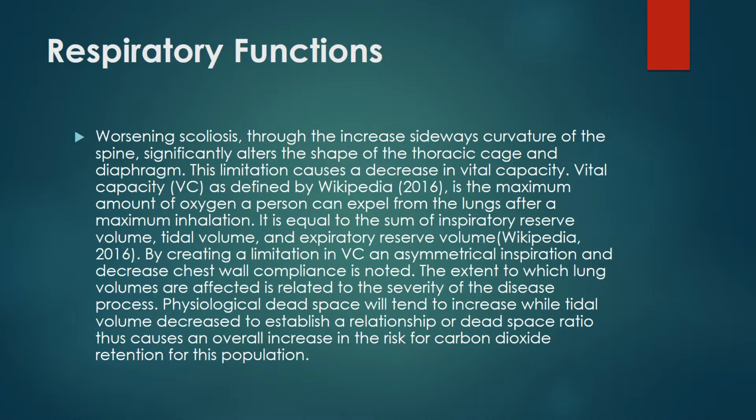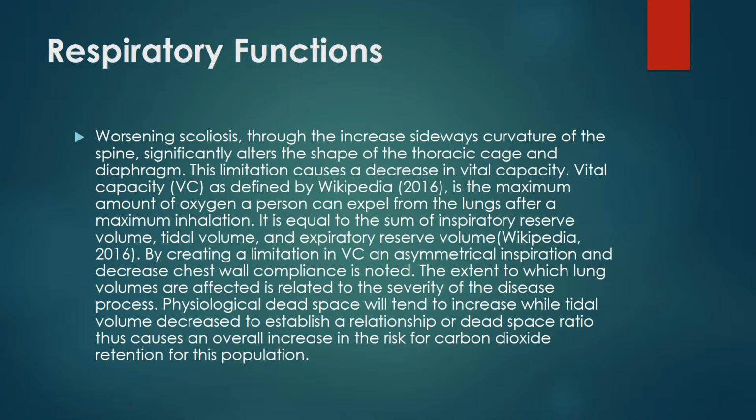Worsening scoliosis causes an increased sideways curvature of the spine and significantly alters the shape of the thoracic cage and diaphragm. By this limitation, it causes a decrease in the vital capacity, the amount of air that you can inhale in one minute or breathing cycle.